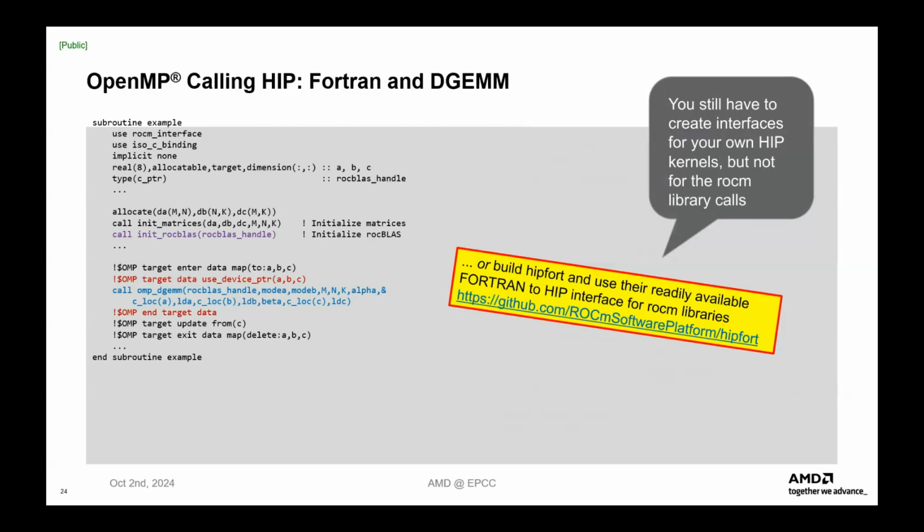When you write your own HIP kernels and want to call them in the Fortran code, you have to do all the effort of writing the interfaces yourself. But the most common application of calling HIP from Fortran is probably calling the ROCm libraries, because they are optimized for our hardware. So it's very beneficial that you can use hipfort for that.